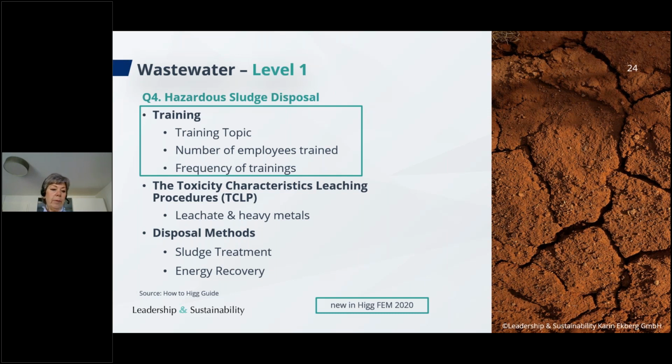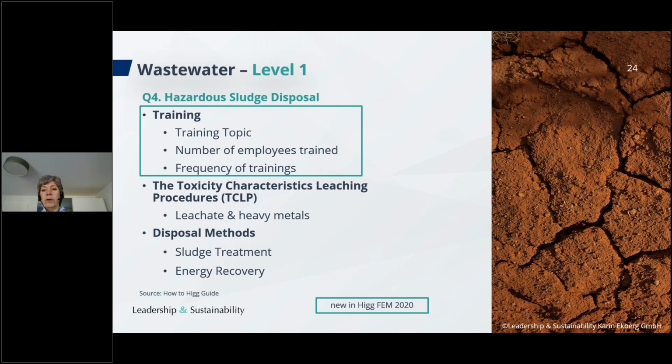other disposal methods. And what is really important, and I often get this question, is that in most countries, the sludge from an industrial wastewater treatment plant is classified as hazardous. But there are actually a few countries where this sludge is classified as non-hazardous, and then you need to follow your local regulation.